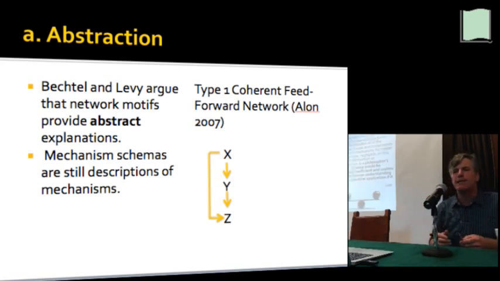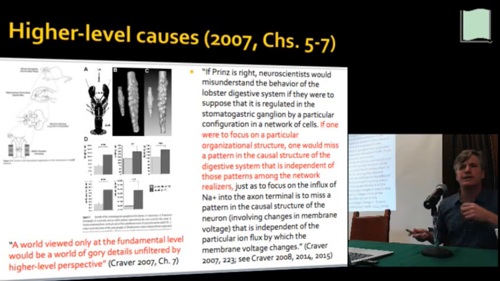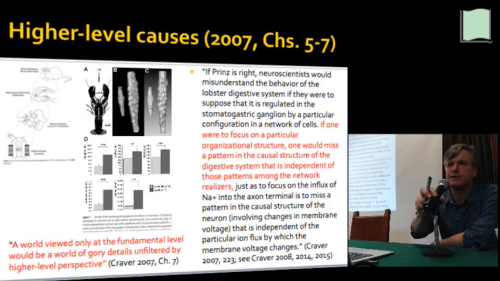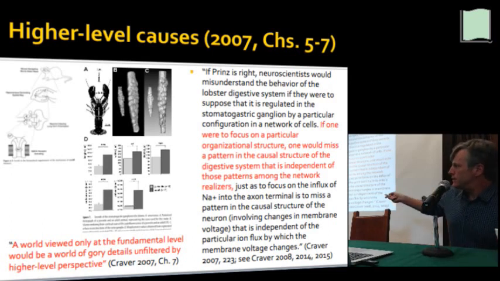This is the concrete example. And this comes from the work of Astrid Prinz and Eve Marder, who studied the stomatogastric ganglion of the lobster, the mechanism that's responsible for opening and closing the pyloric valve and regulating the pyloric rhythm in the lobster for digestion. I won't talk about this data in particular.